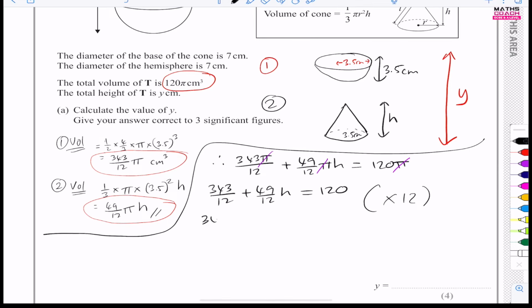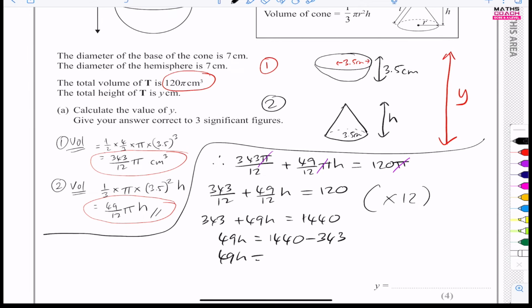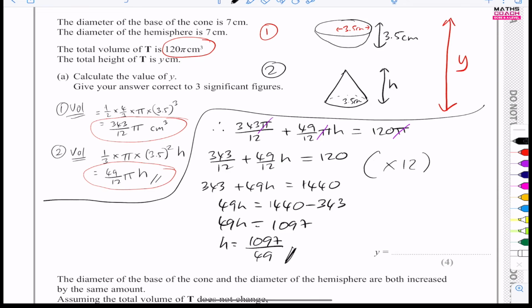So it's going to be 343 plus 49h equals 120 times 12, which is 1,440. Now I'm going to take the 343 to the other side, so 49h is equal to 1,440 minus 343, so 49h is equal to 1,097. And finally, h would be equal to 1,097 divided by 49. And that is my value for h.